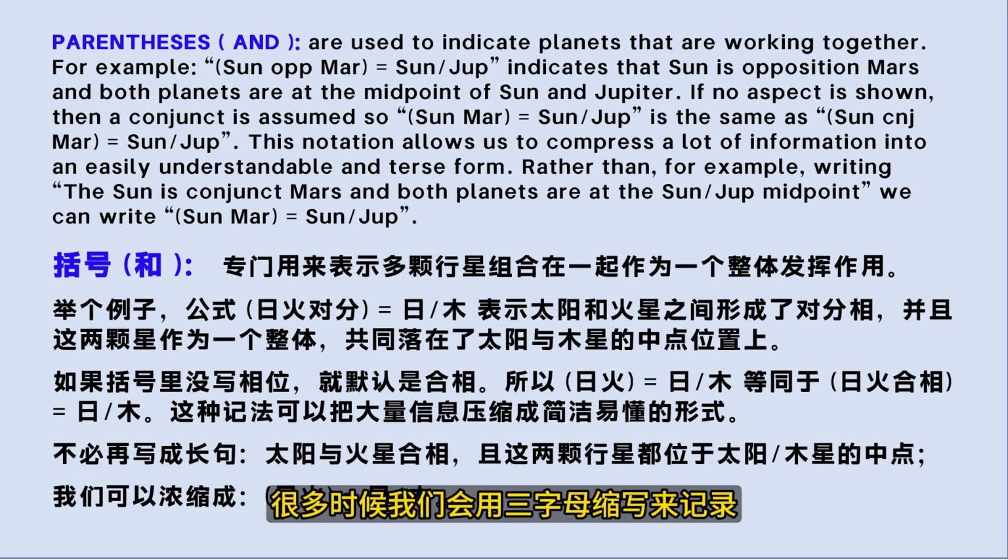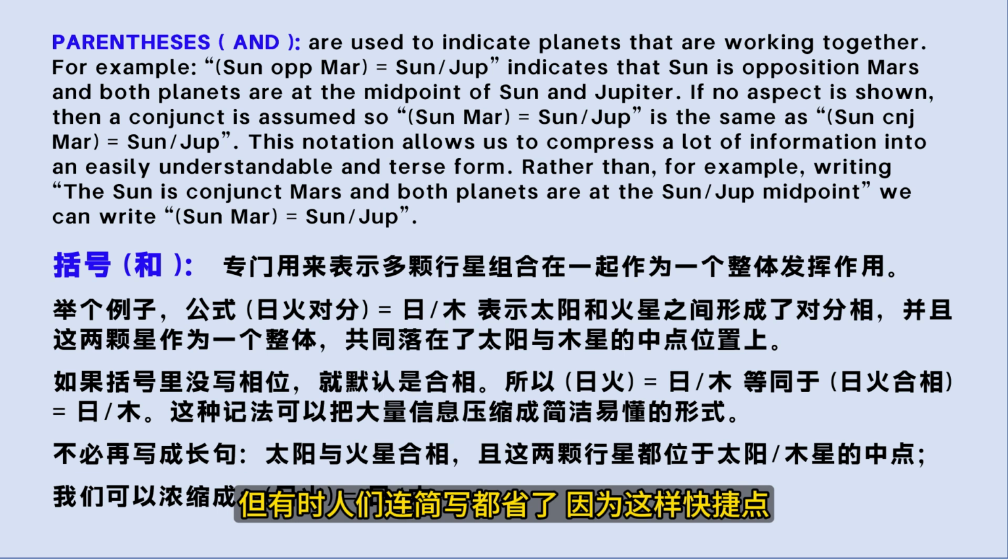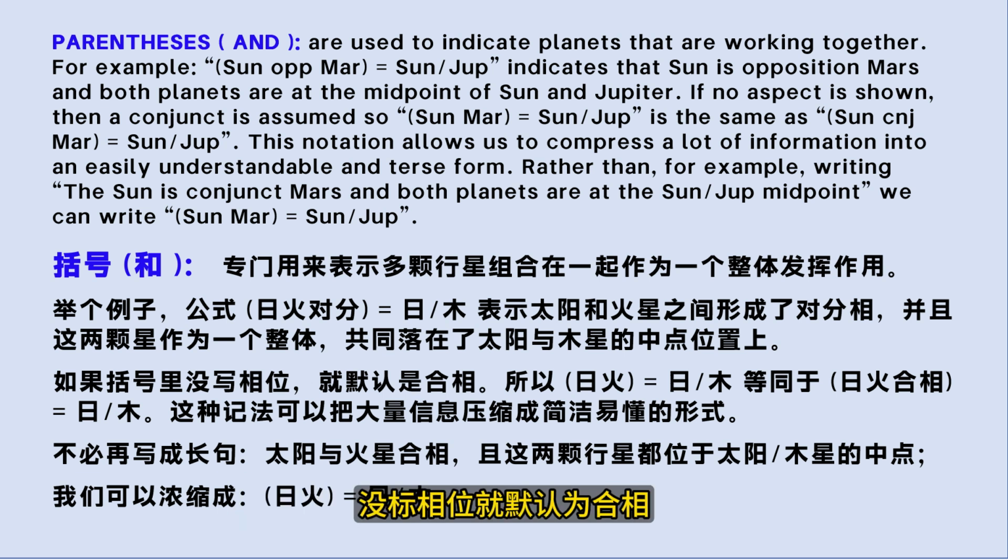And a lot of times we use these 3-letter abbreviations for everything. So conjunction can be CNJ. Sun conjunct Mars equals Sun Jupiter. Sometimes people will leave out the conjunction because it's just assumed. So if there's no aspect, you assume conjunction.